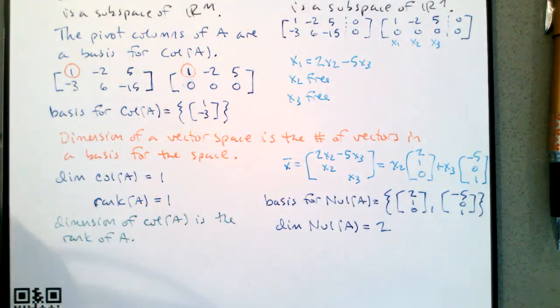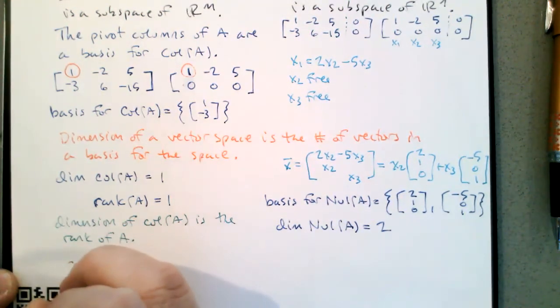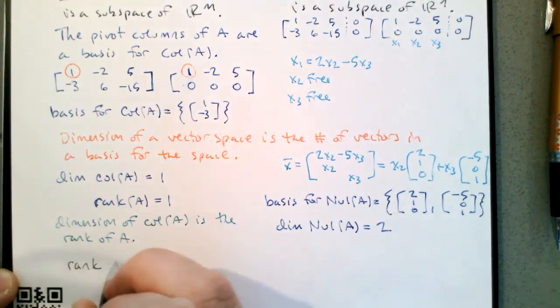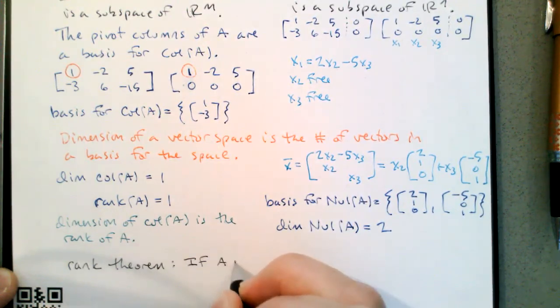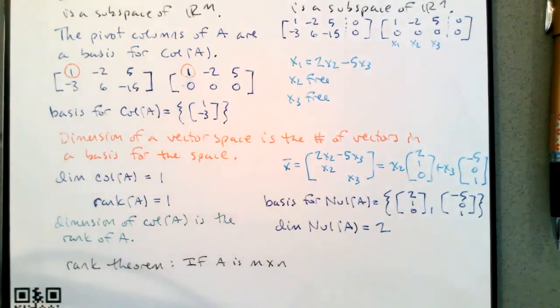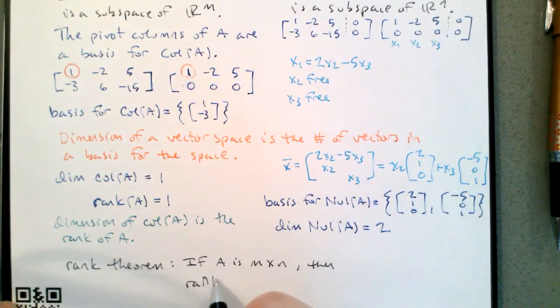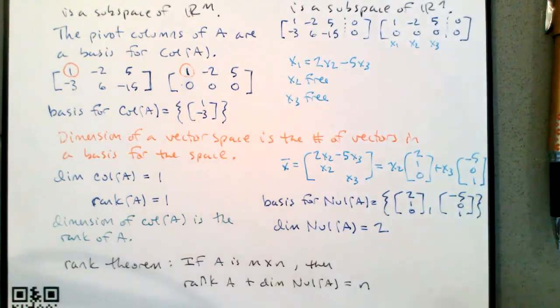So this gives us the rank theorem, which says if A is m by n, then the rank of A plus the dimension of the null space of A is equal to n.